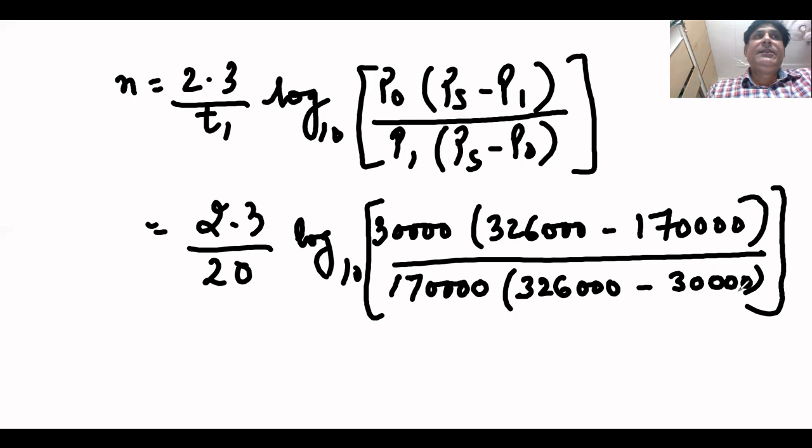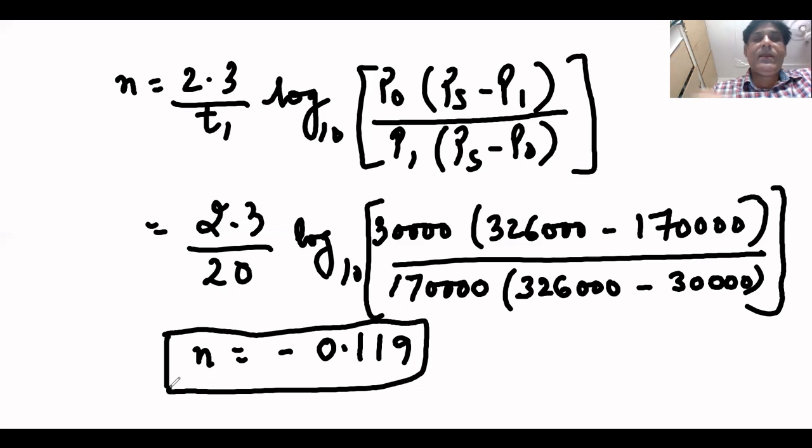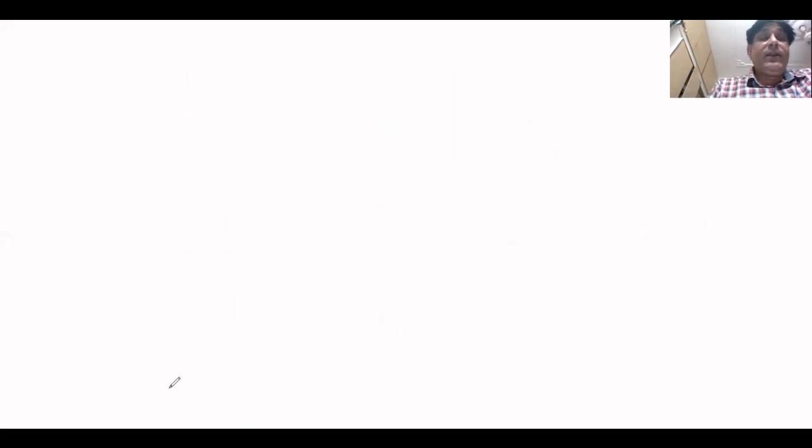Right? Now, when you calculate this, the value of N comes out to minus 0.119, okay? So, what would be the equation for the logistic curve?